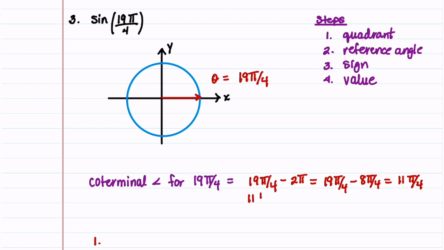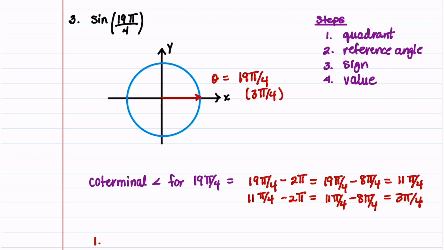So now we take 11 pi over 4, subtract 2 pi, so that's 11 pi over 4 minus 8 pi over 4, and we get 3 pi over 4. So great. That is our coterminal angle. So let's just put in parentheses, this is like 3 pi over 4.